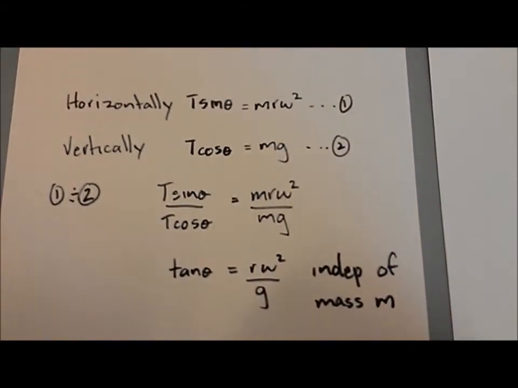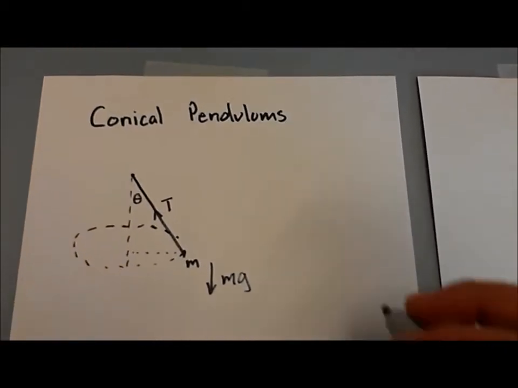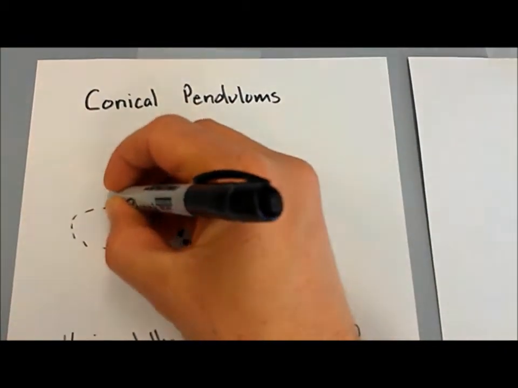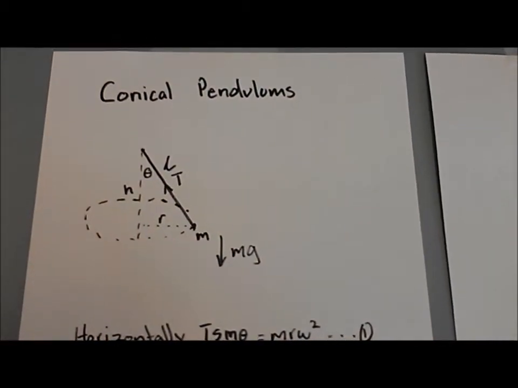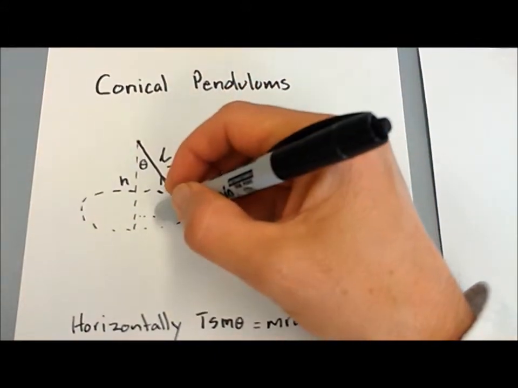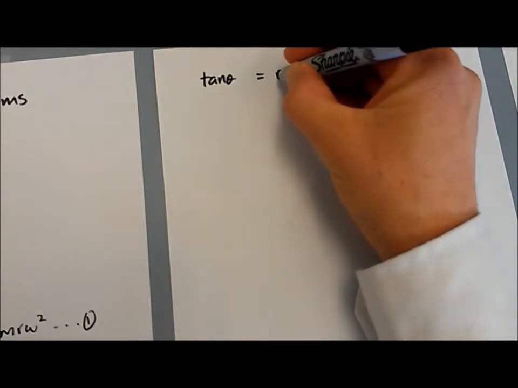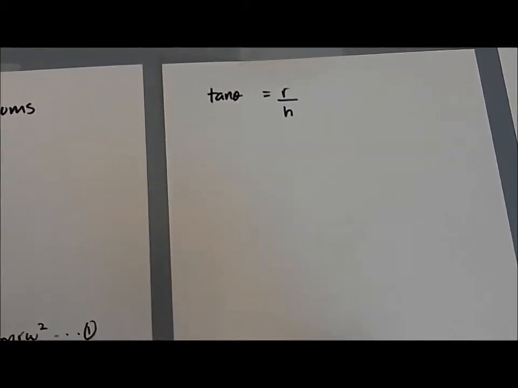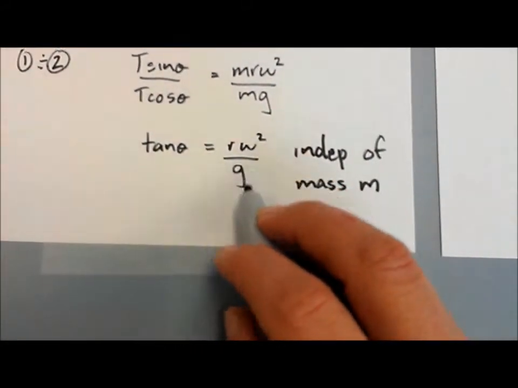The m's cancelled out. Now coming back up here, if we say that this was r, this was h, and this was l on the diagram, then I can see that tan theta is the radius over height. So tan theta equals r on h, but I just found out that tan theta was r omega squared on g.